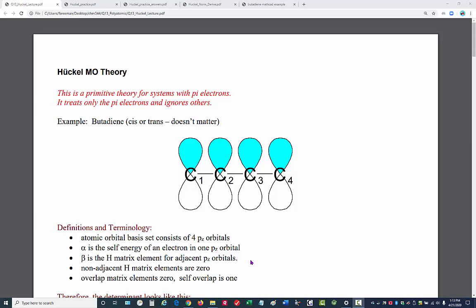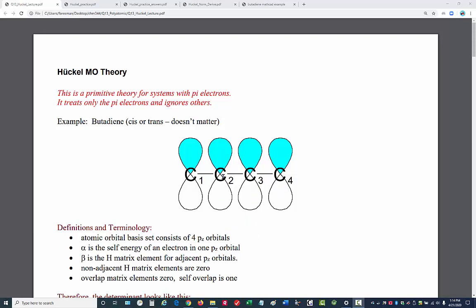Beta is the matrix element connecting 2 adjacent pz orbitals. So we'll see that because the p orbital sitting on C3 is right next to the p orbital sitting on C4, their interaction energy is beta. The fourth item here, non-adjacent Hamiltonian matrix elements are 0. As we said just a second ago, the p on 3 and the p on 4, their interaction is beta.